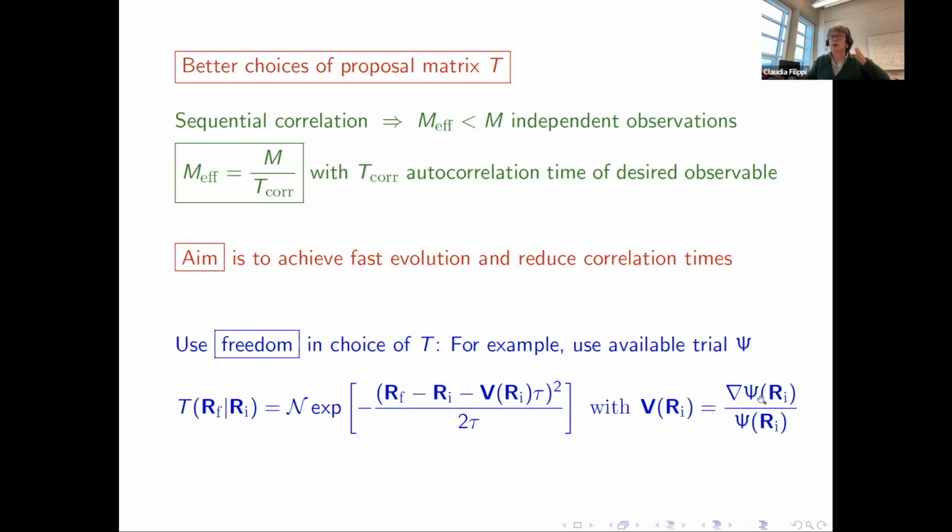This one will point you to where the wave function is large. So you're better off not just sampling a Gaussian, but first drifting and then sampling a Gaussian. This might be, for your problem, a much better solution than just doing something in a box. And we're going to get back to this particular form when we discuss diffusion Monte Carlo.